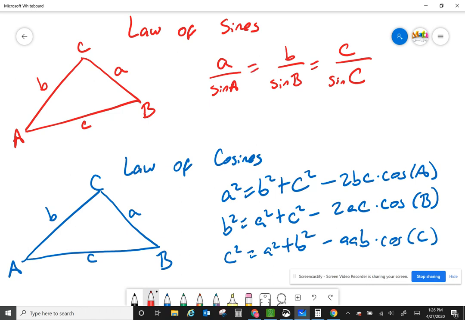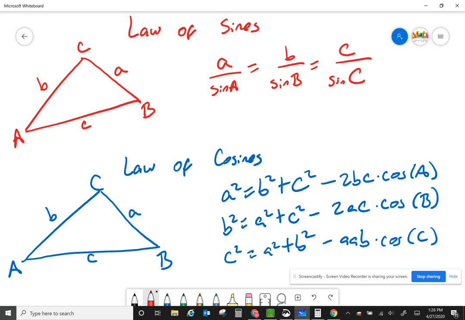There's going to be one fraction I'm not going to mention, neither the angle nor the side. And that's how you know which fractions you're going to be using. For the law of cosines, if I give you angle A, use the first formula. If I give you angle B, use the second formula. If I give you angle C, use the third formula.